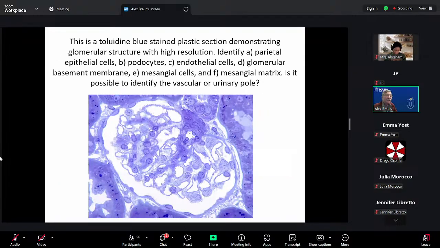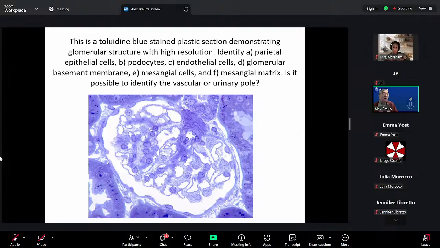One really good way to see the structure of the glomerulus on histology, even better in some ways than on a paraffin section, is to do a plastic section. A plastic section is cut thinner. It's fixed better in some ways than a typical formaldehyde fixed paraffin section. It's cut thinner because plastic is hard and easier to cut at a thin level.